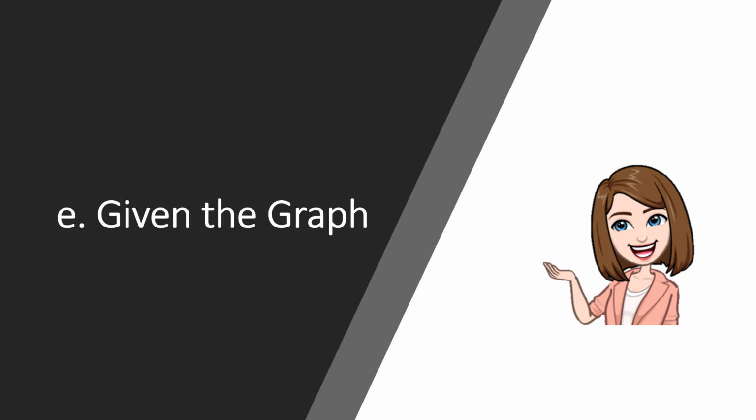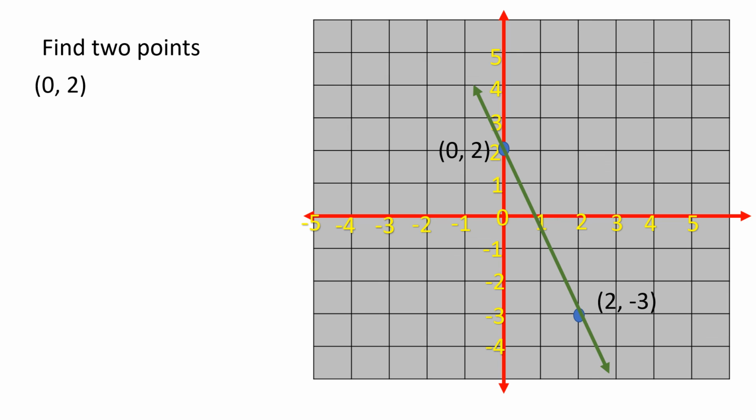Next is, how do we find the equation of a line given the graph? Our example for that is this graph. How are we going to determine the equation or find the equation? So first, we need to find the 2 points of the graph. So we have 0, 2 and 2, -3.